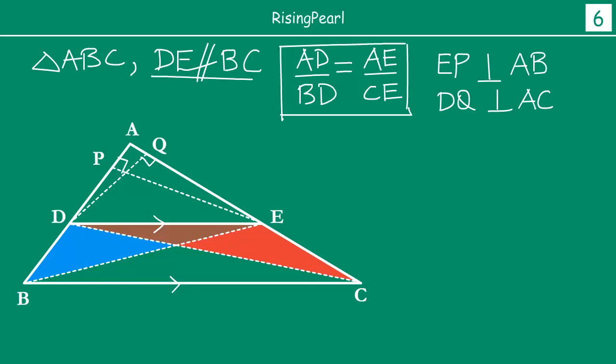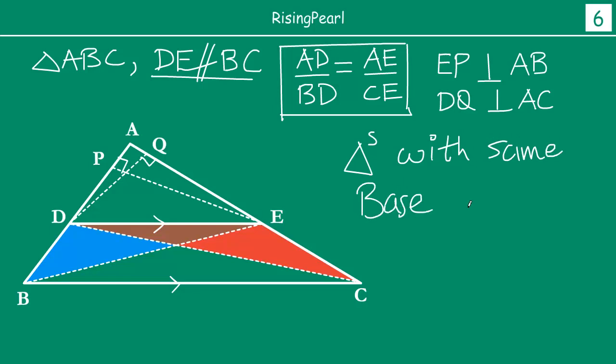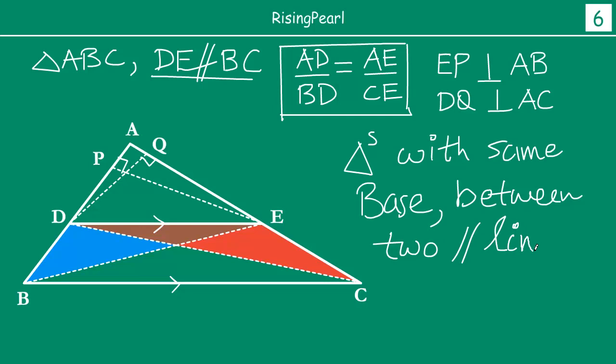Friends, if you recall, in our last class we learned a theorem: if you take triangles with the same base and between two parallel lines, and that is what we have.